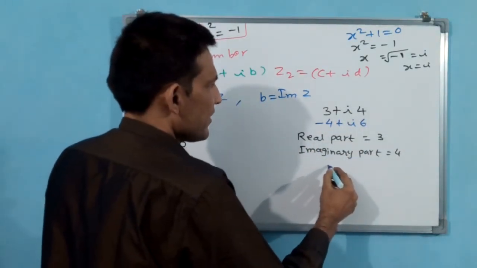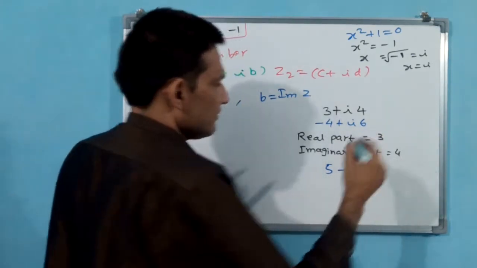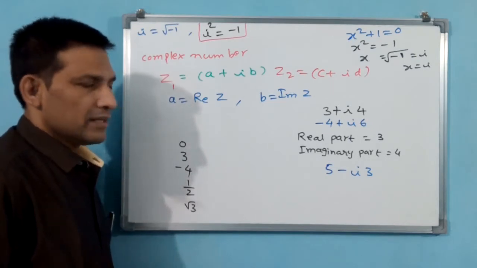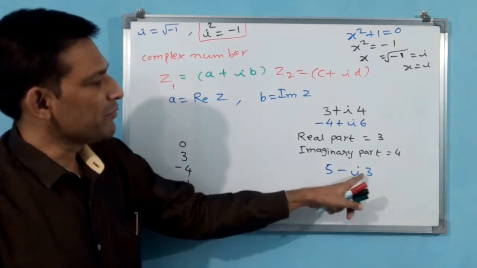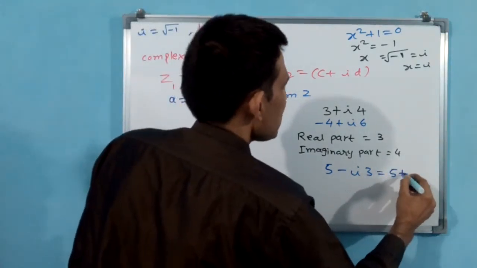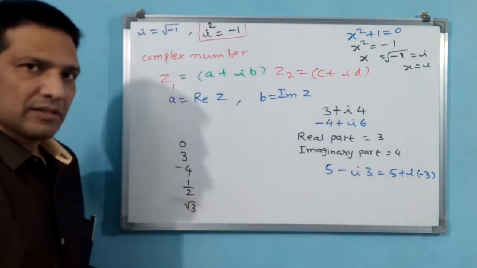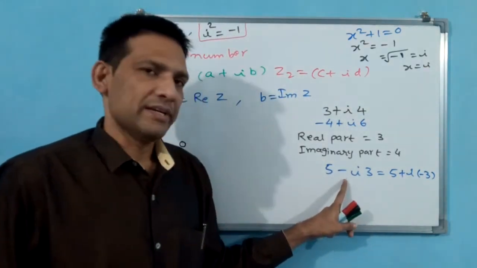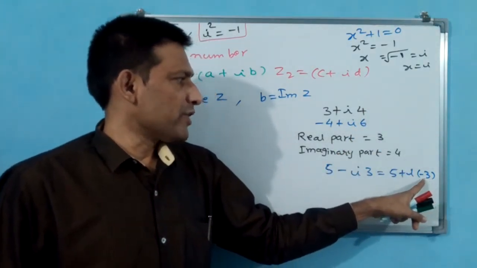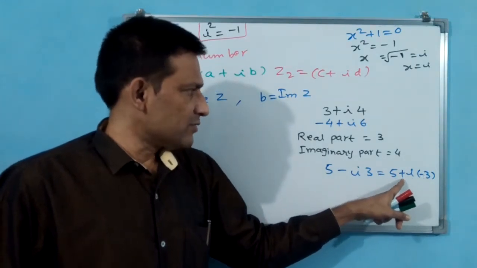See, I am writing here 5 minus i3. Why have I written i before the 3 after the minus? Or else you can also write 5 plus i times minus 3. This is also not wrong, but the common practice is to write 5 minus i3. If the imaginary part is a negative number, you change the sign to the i only. Why?